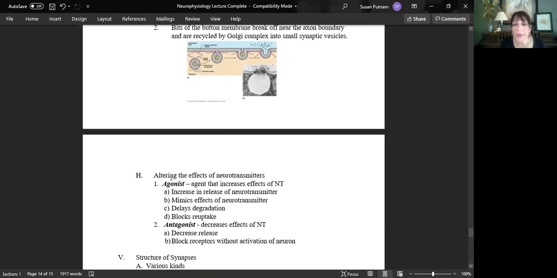So the first thing, agonist. That is an agent, a chemical, that will increase the effects of a neurotransmitter. It can do this in a variety of ways. It doesn't always do it in exactly the same way.